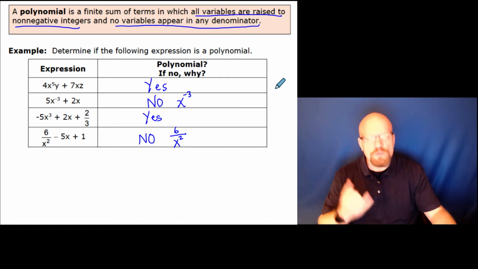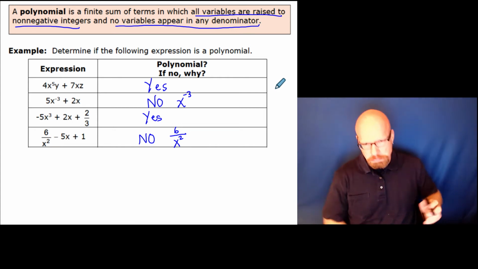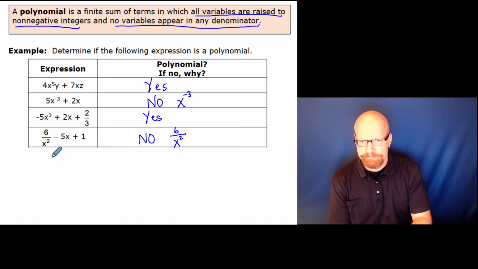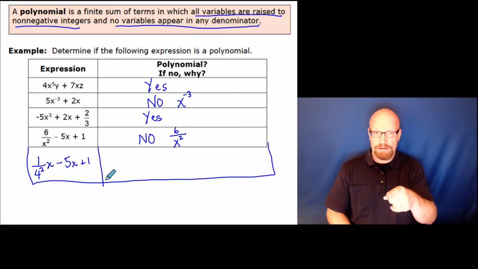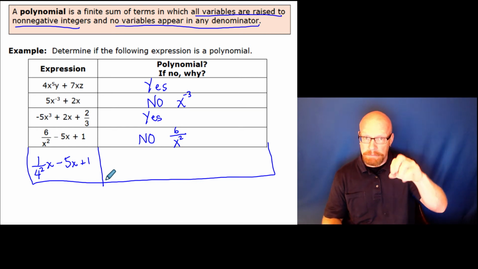Now, another example I want to show you. So what if we had something like this? Is this a polynomial or is it not?